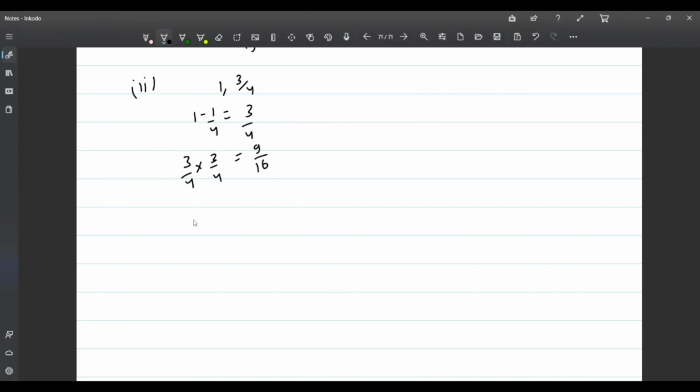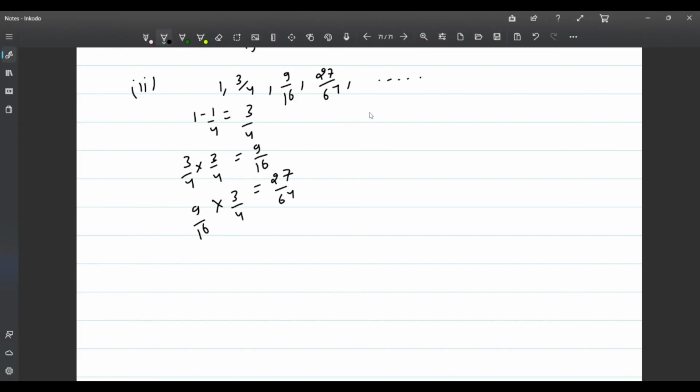After the third operation, the air left is 9 by 16 into 3 by 4, which is equal to 27 by 64. So this goes on.